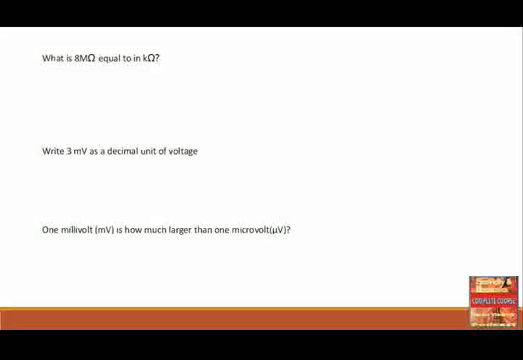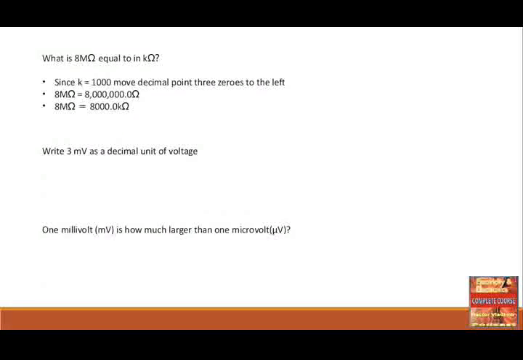What is 8 megohms equal to in kilohms? Since kilo, or K, equals 1000, move the decimal point 3 places to the left. We have 8 megohms, that's 8 million ohms.